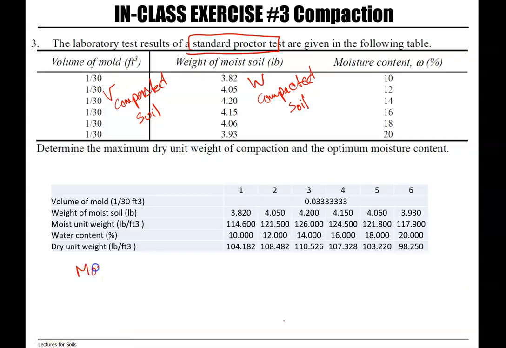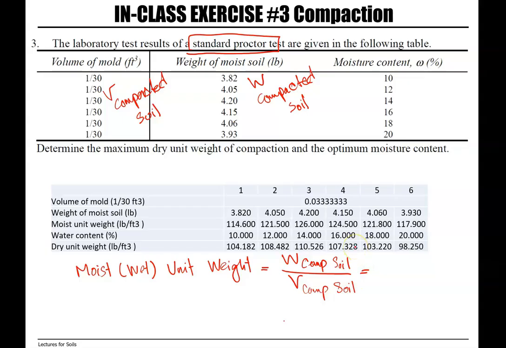So moist or wet unit weight is equal to weight of compacted soil divided by volume of compacted soil.